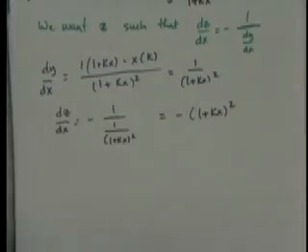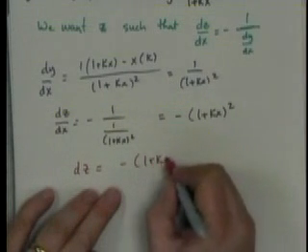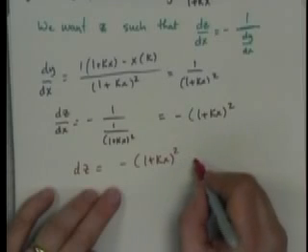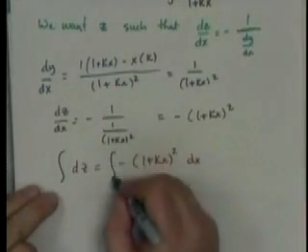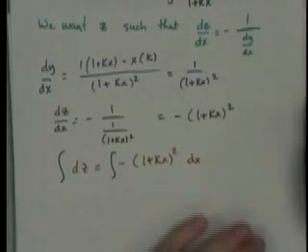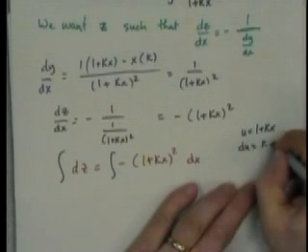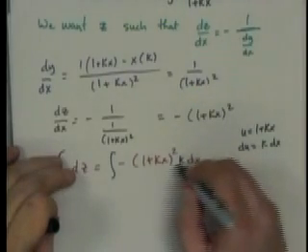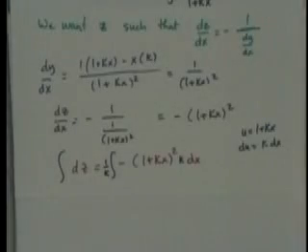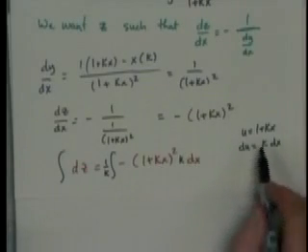So I can bring the dx to the other side. This isn't too bad. And then I can do the antiderivative. You do a little u substitution. u becomes 1 plus kx, so du is k dx.